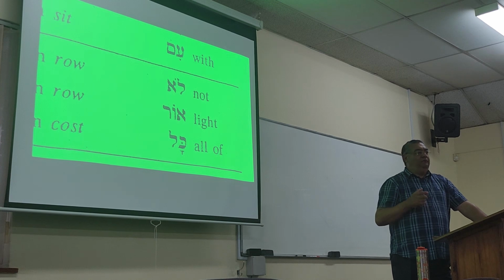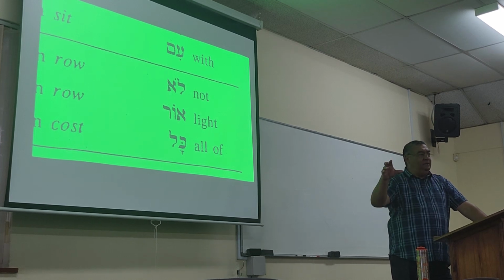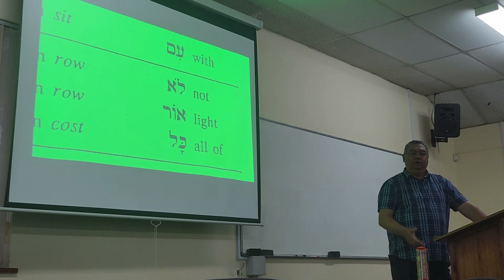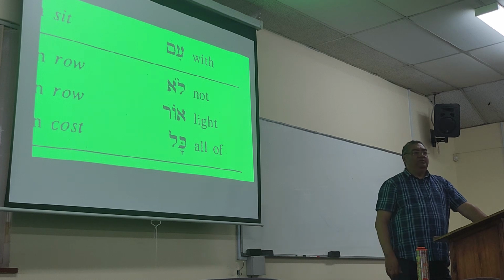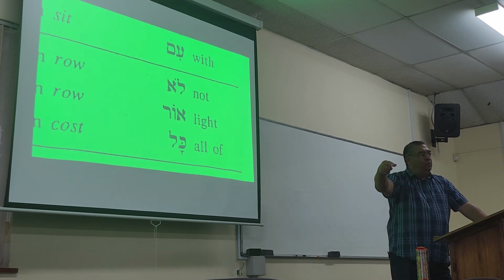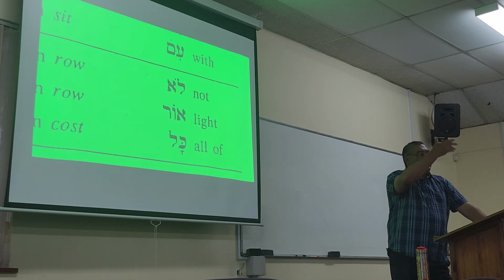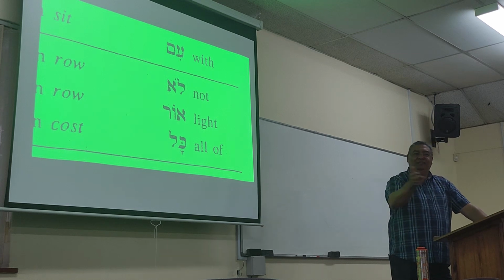In fact, in Hebrew, you can negate an entire sentence just by putting the word lo in front of it, and then you make the whole sentence negative. You can say in Hebrew, he is good, and if you want to say he is not good, you take exactly that same sentence, you put lo in front of it, and you negate the entire sentence, and you say he is not good.